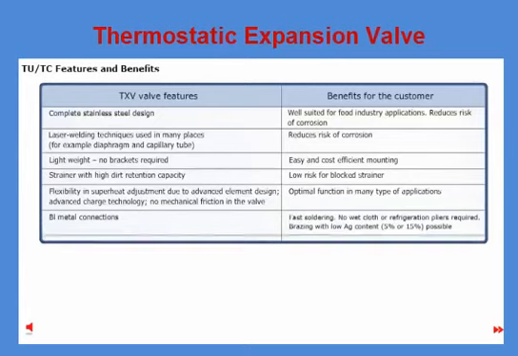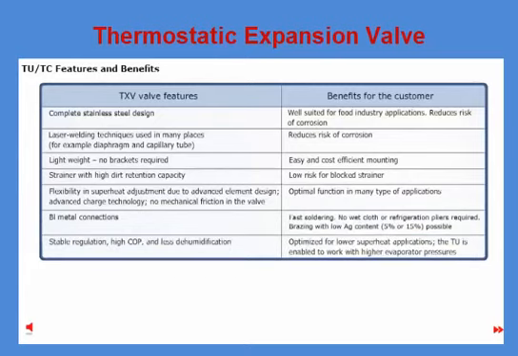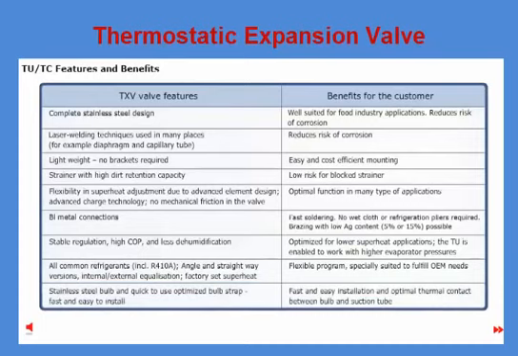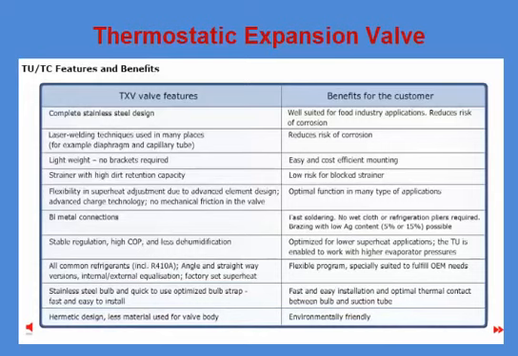Bimetal connections. Stable regulation, high COP, and less dehumidification. Works with all common refrigerants, including R410A. Angle and straightway versions, internal or external equalization, factory set superheat, stainless steel bulb, and quick-to-use optimized bulb strap, fast and easy to install. Hermetic design, less material used for valve body.